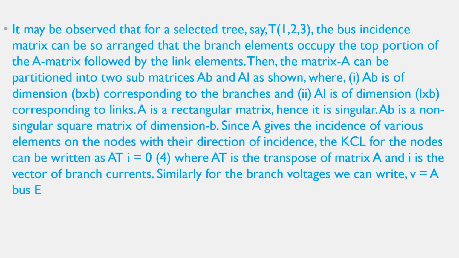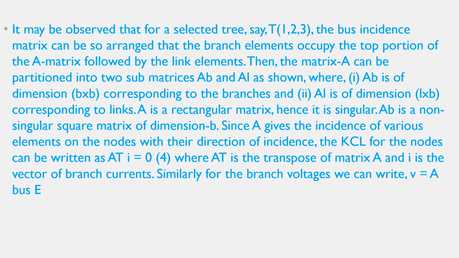It may be observed that for the selected tree, say T with branches 1, 2, 3, the bus incidence matrix can be so arranged that the branch elements occupy the top portion of the matrix A, followed by the link elements.